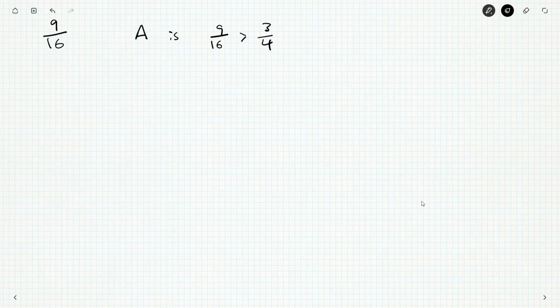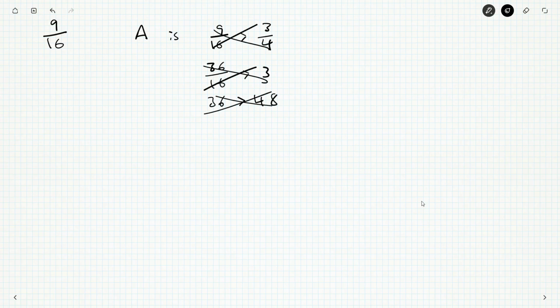So if I multiply both sides by 4, this should still be true. I'll get 36 over 16 should be greater than 3. And if it's true, I should be able to multiply by 16 on both sides and still get a true statement. But 36 isn't greater than 48. So since this is false, all the other ones must be false. And so now I know A isn't the answer.